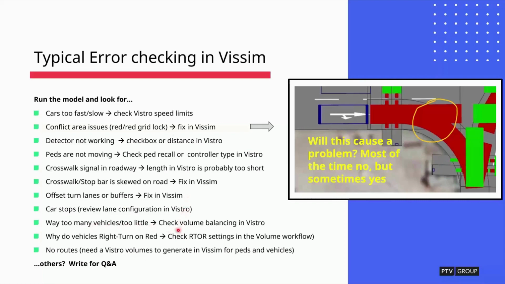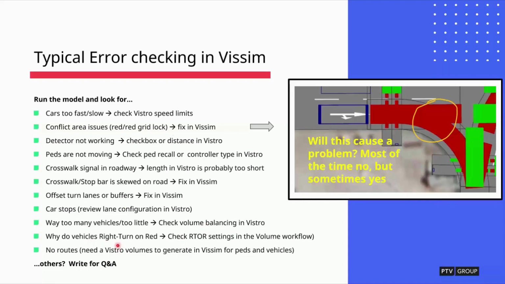Some other things are, I really get a lot of vehicles in the middle of my model, or maybe I don't get any vehicles in my model. It's probably some balancing issue. So you can balance the intersections in Vistro. That helps form the volumes in Vissim.